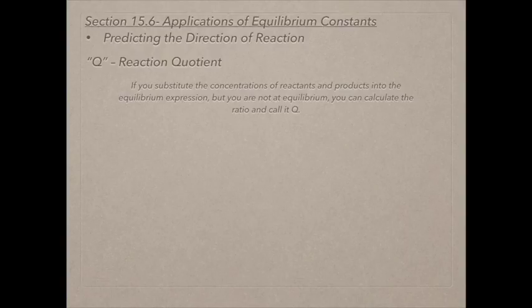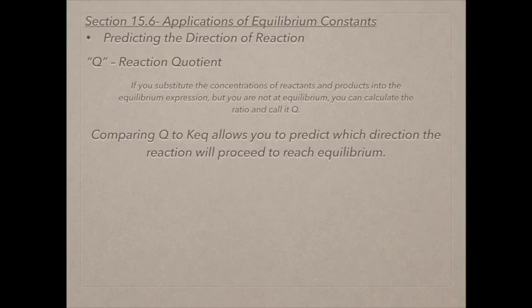So Q is calculated the same way that K is. The only difference is that the concentrations plugged into the expression aren't the concentrations found at equilibrium, and therefore we call the constant acquired by plugging in those values the reaction quotient rather than the equilibrium constant.